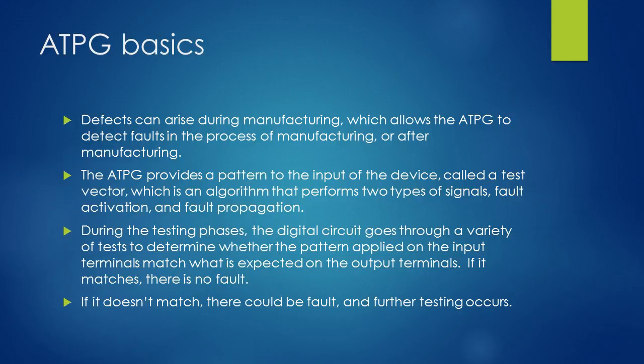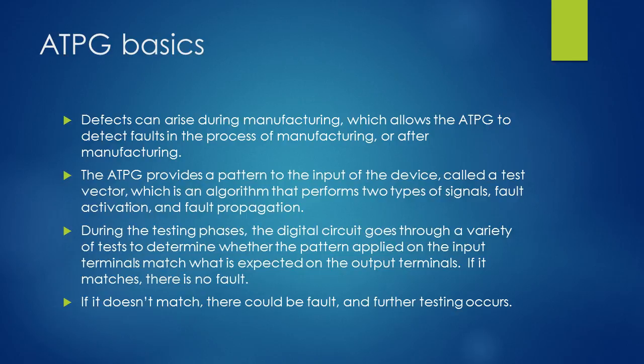ATPG basics. Defects can arise during manufacturing, which allows the ATPG to detect faults in the process of manufacturing or after manufacturing. The ATPG provides a pattern to the input of the device called a test vector, which is an algorithm that performs two types of signals: fault activation and fault propagation.